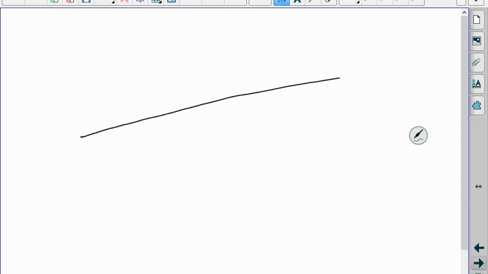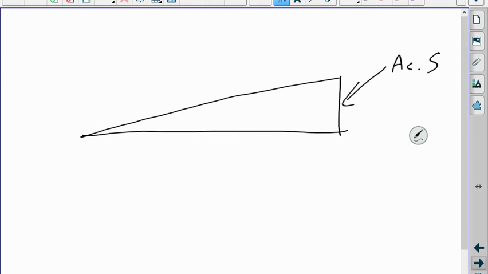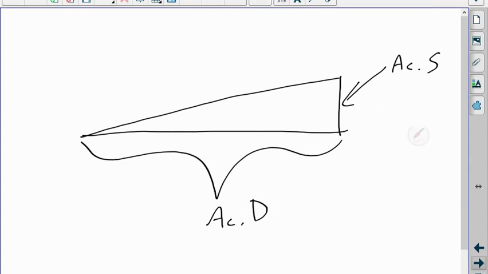So if I look at an object over here, if I call this the actual size and this the actual distance, and I call this my apparent size and this my sighting distance, you'd see that there's an angle here, and that angle is the angular size, and it's in proportion to these others.